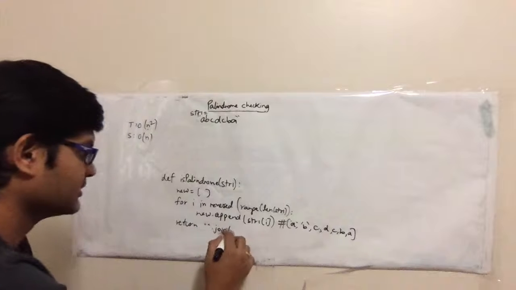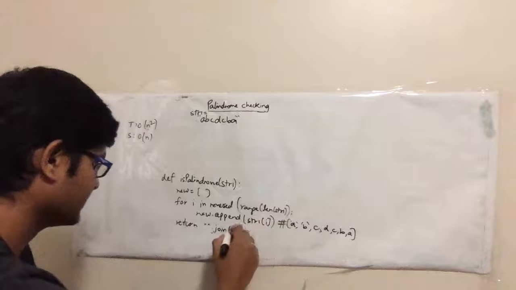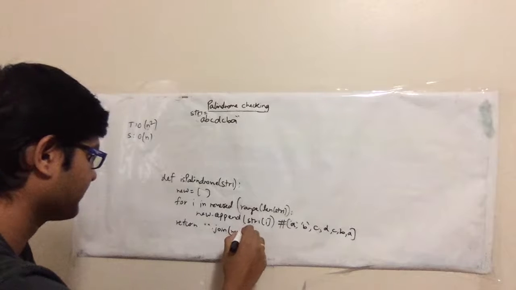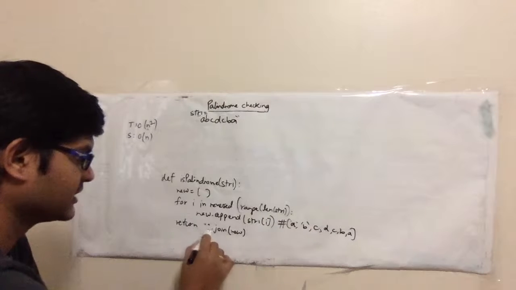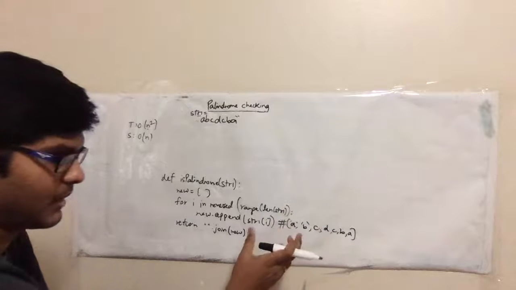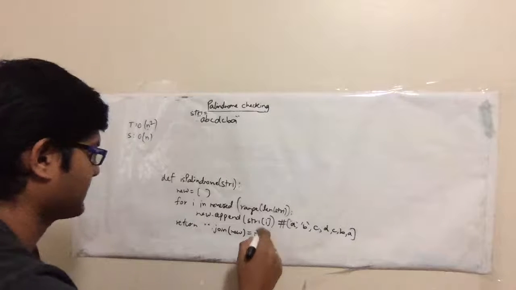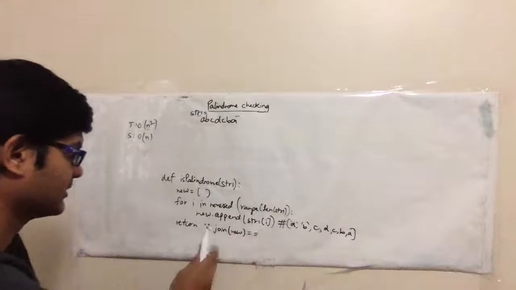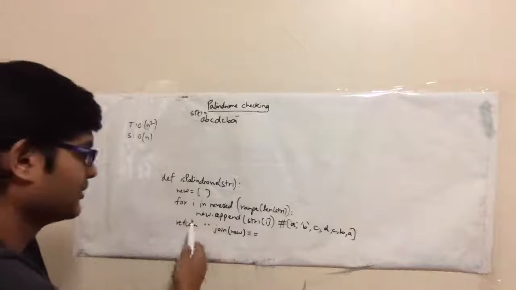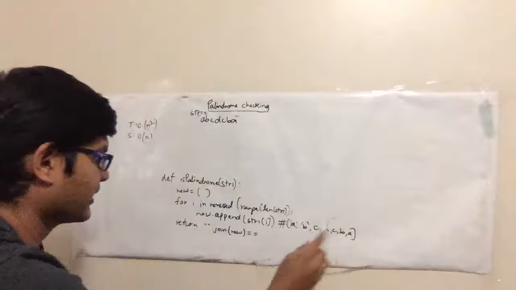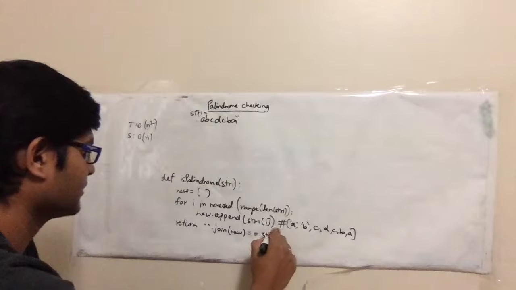You need to pass join an iterator inside this. The iterator is the list, the new one. This will just add all these into a string by placing the empty string between these characters and joining them, and we will just return this equal to string one.